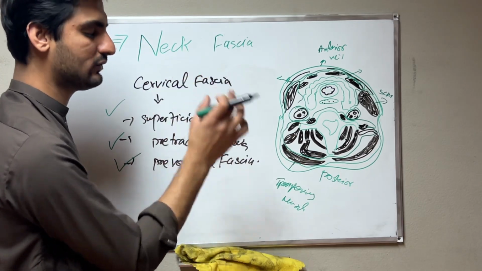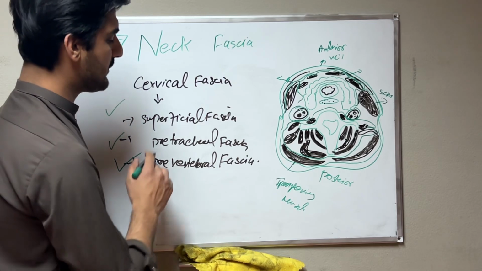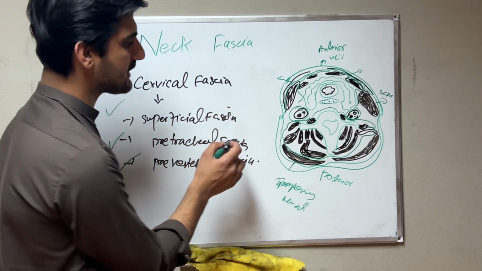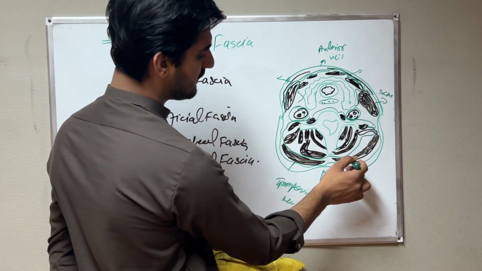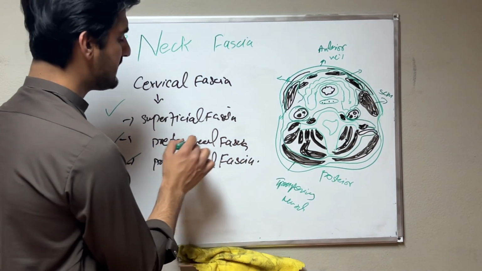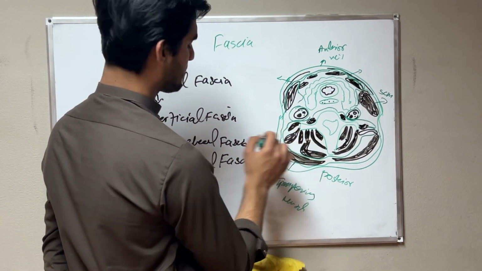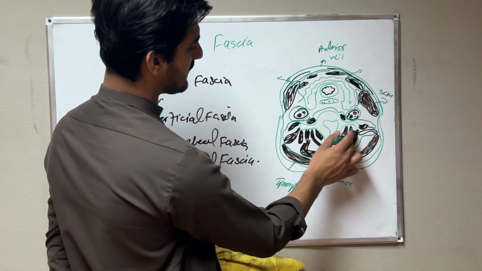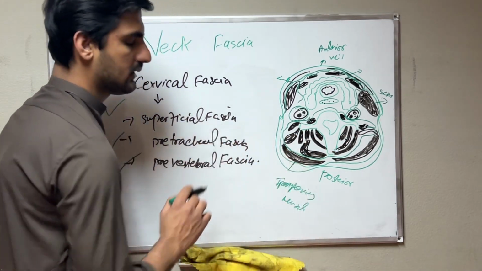In the neck region it also covers the fatty layer and the platysma muscle. But the main superficial fascia in the cervical fascia covers the sternocleidomastoid muscle, the superficial group of muscles, and the trapezius muscle. Then the pretracheal fascia covers the infrahyoid muscles and also the carotid sheath. Then the prevertebral fascia covers the deep muscles of the neck.